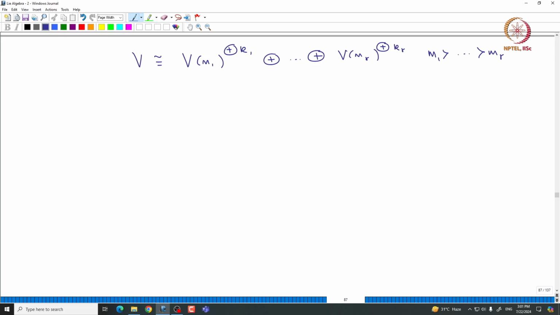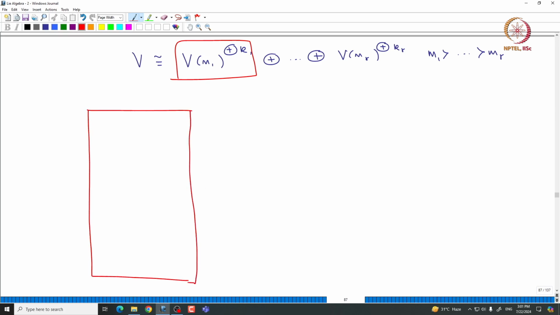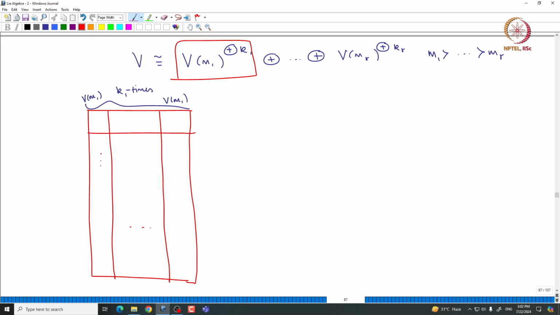So, now if we take, for example, the very first copy of this Vm1 direct sum k1, we get some picture like this. All these Vm just appear here. This is just a copy of Vm1 and so on, and the number of times it appears is k1, and you have the weight spaces that just get decomposed.